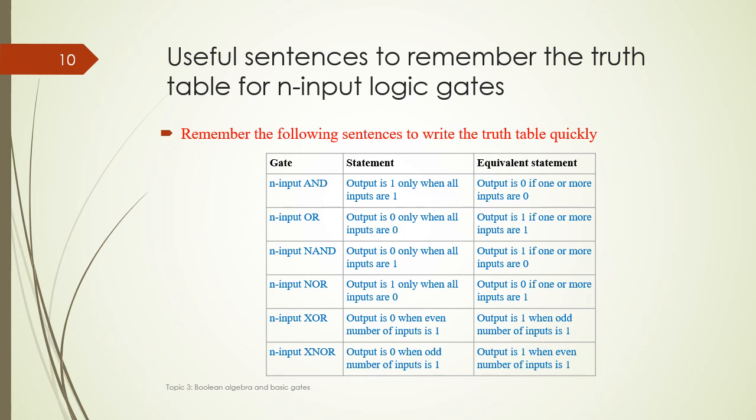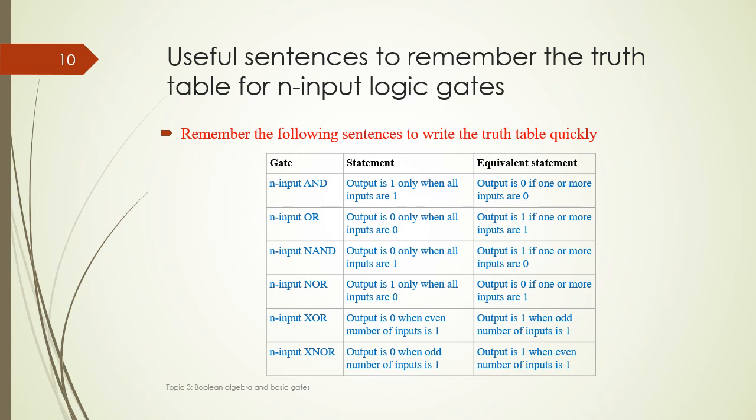Make sense? For NOR gate, the output is 1 only when all the inputs are 0. Or you can say the output is 0 if 1 or more inputs are 1. Some special ones are the n input XOR and n input XNOR.